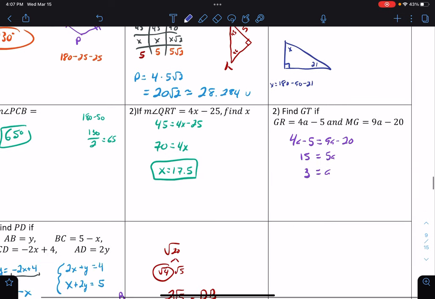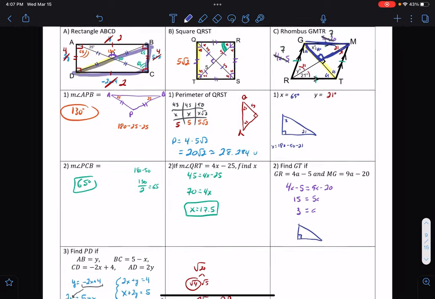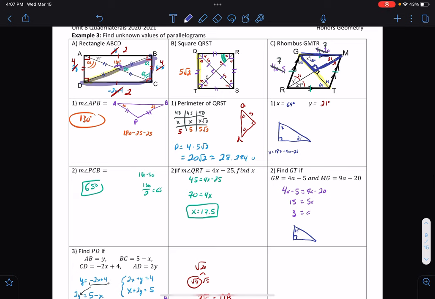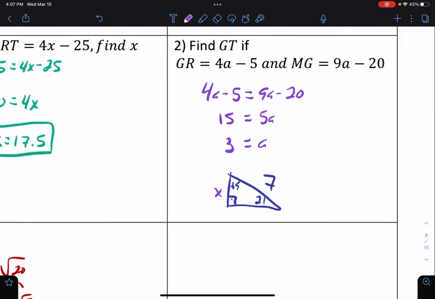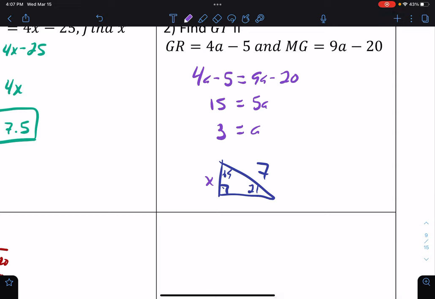Okay, so that right triangle, let me zoom out here. This top angle is 69, this one's 21, and the hypotenuse is 7. Now the side length I need is this side length right here. Okay, that's the side length I need. So I'm going to use the 21.